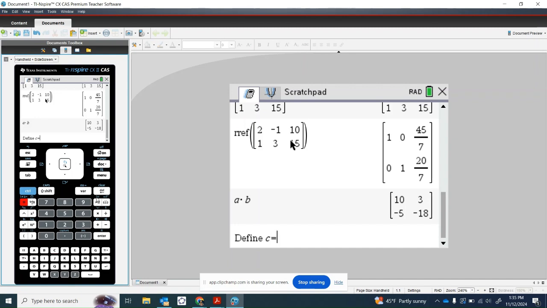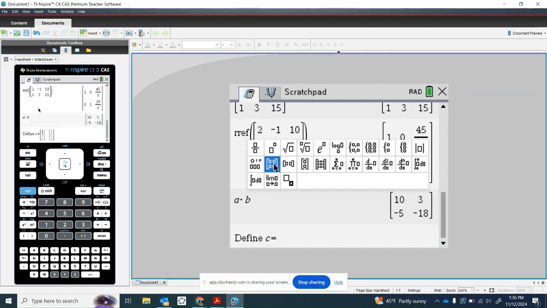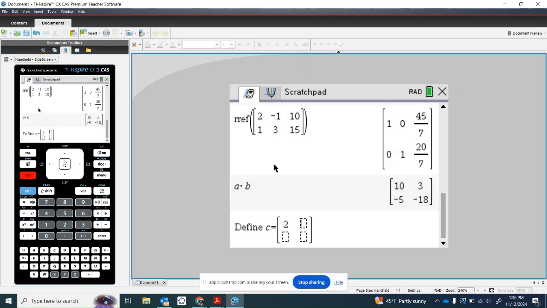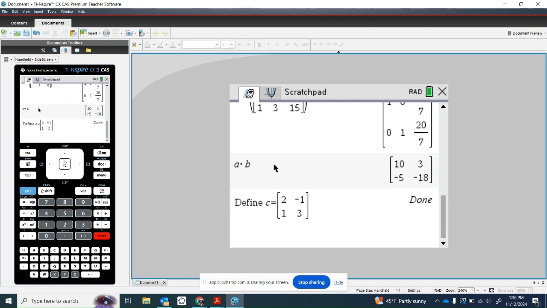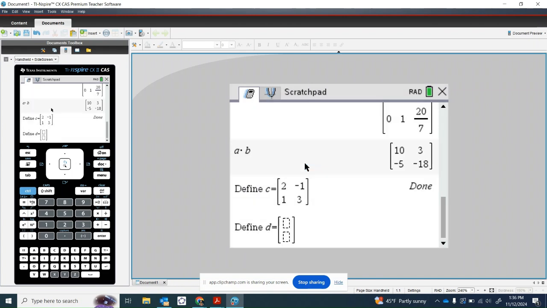C is the 2 by 2 matrix: 2, -1, 1, 3. And then define D as the solution matrix, which is a column matrix.